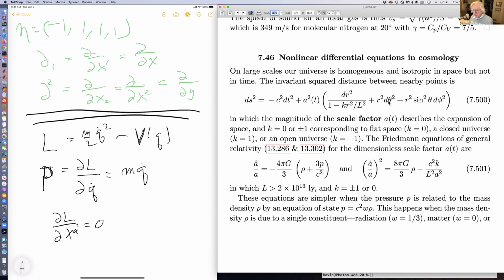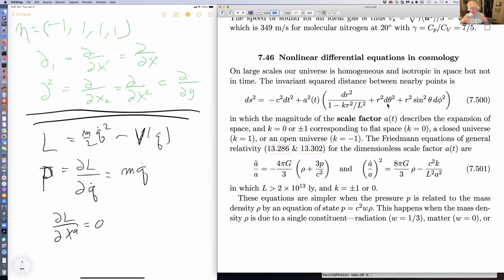Now, r, theta, and phi are three coordinates that are used to describe these symmetrical universes. That is to say, homogeneous and isotropic. These are what are called maximally symmetric spacetimes. And this part is the space geometry.